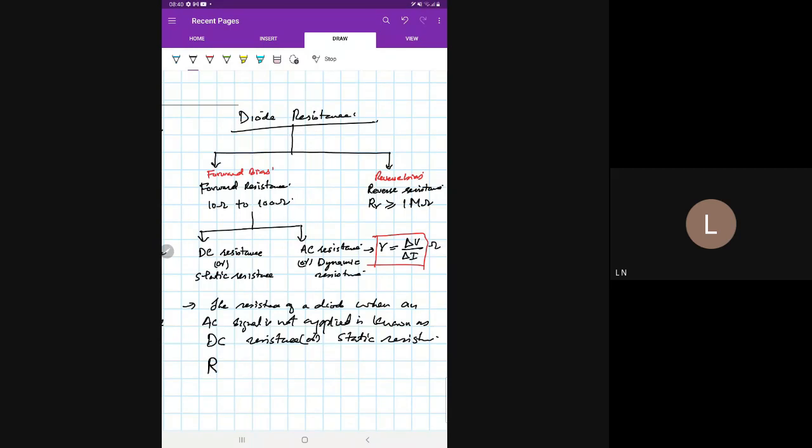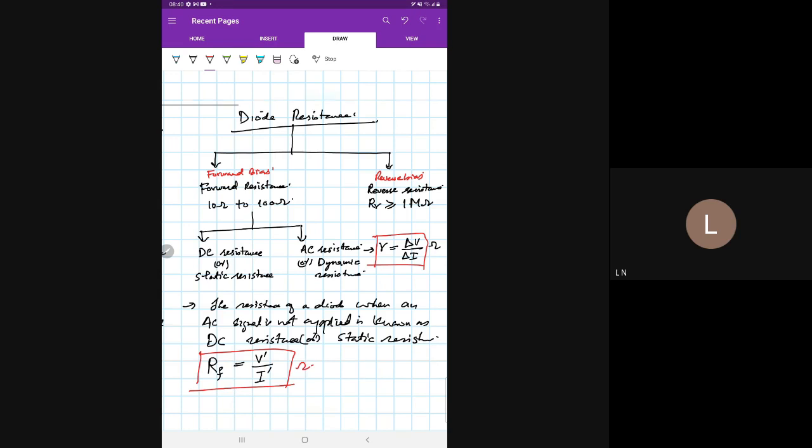And DC resistance or static resistance is referred to as R of F. R of F means forward resistance, which is equal to forward voltage applied divided by forward current, V dash divided by I dash. It will also be measured in ohms.